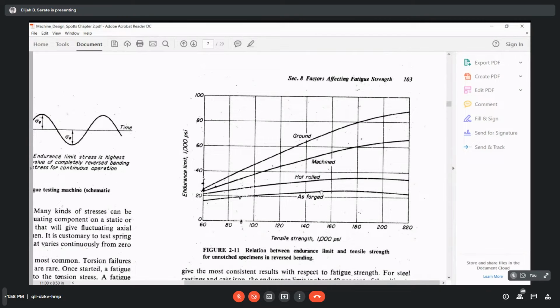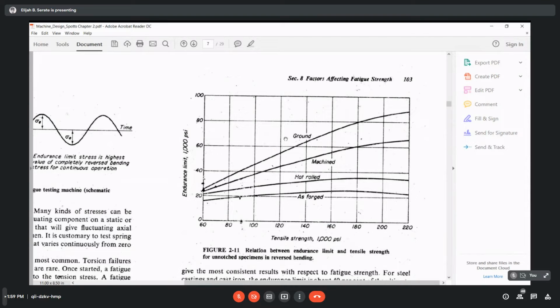Okay, and of course, what is ground? What do you mean when you say ground? Okay, sanding is one of the ways of grinding.